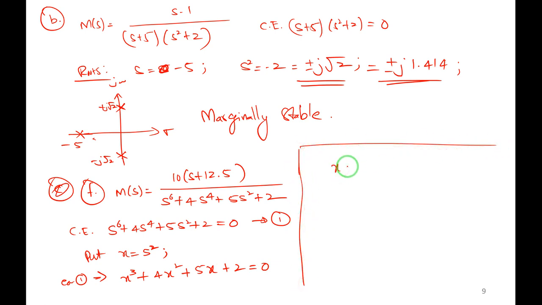So x is equal to, minus 2 is one of the roots. Then another root, minus 1 is another root. Then, okay, I am not getting 3 roots. I should get 3 roots now.